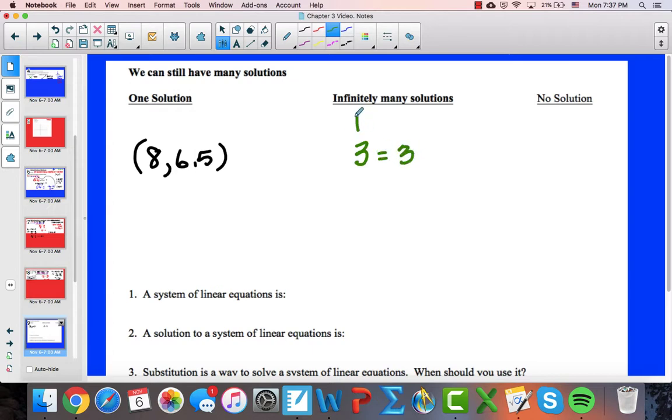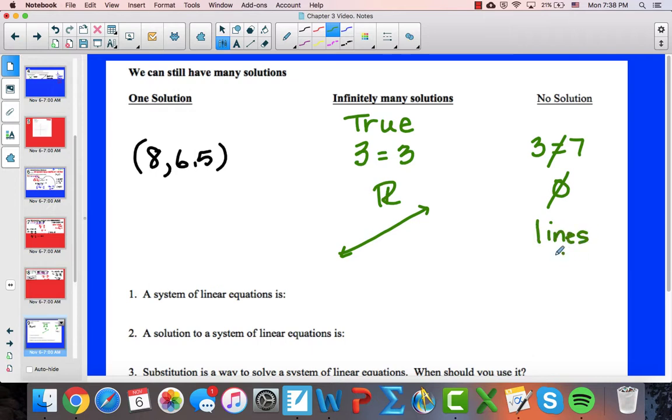If you're left with a true statement, this is true, 3 does equal 3, then it's the reflexive property, so it's all real numbers, which means infinite solutions, so it's the same line. No solution, your variables are going to cancel out, but you're going to be left with a statement that isn't true, something like 3 equals 7. That is not a true statement. You would say no solution, which means that the lines are parallel.